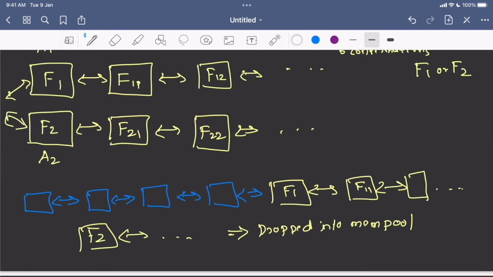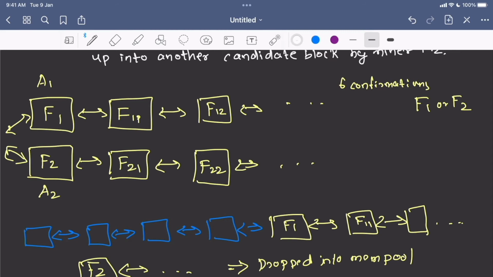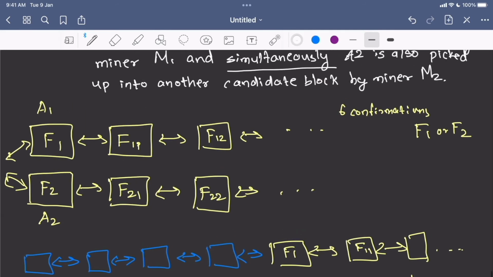So even though it seemed like all the blocks are being popped up at the same pace, exactly at the same time, and it gives the impression that A1, A2 may be executed at the same time, we have to wait till one of the fork chains becomes the longest chain. So generally we wait till six confirmations.